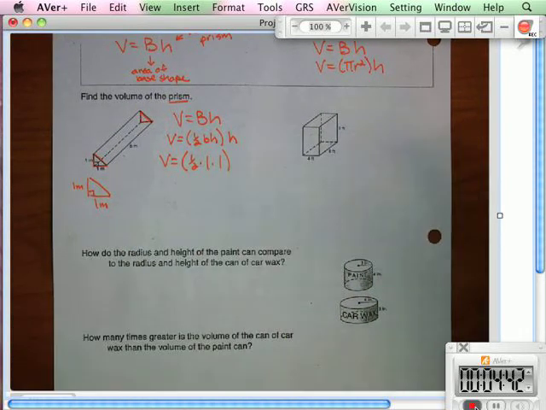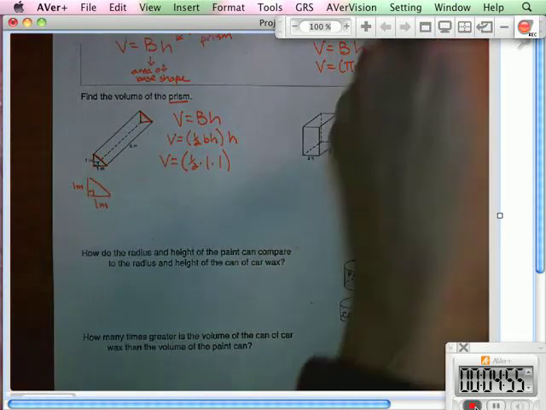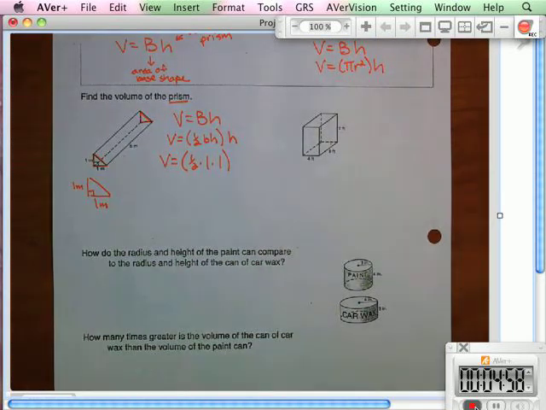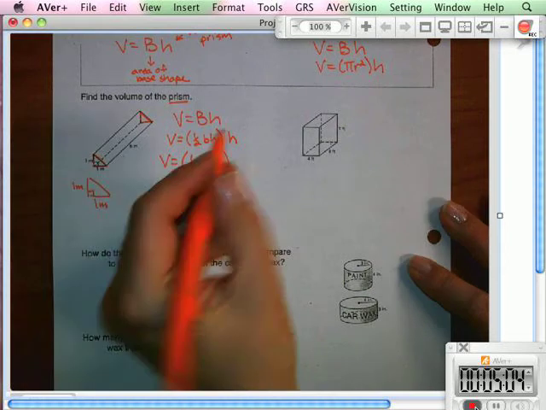I filled in that part. What does the outside H stand for? The height of the prism. So again, this thing is sitting like this, right? These are the bases. If I were to tip it up, how high would it be? 8.